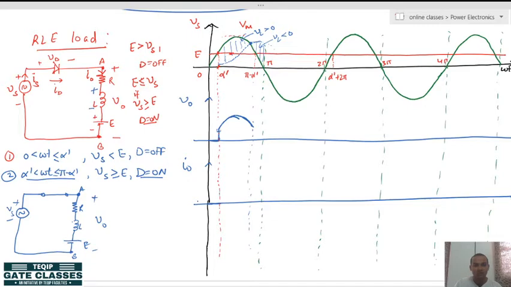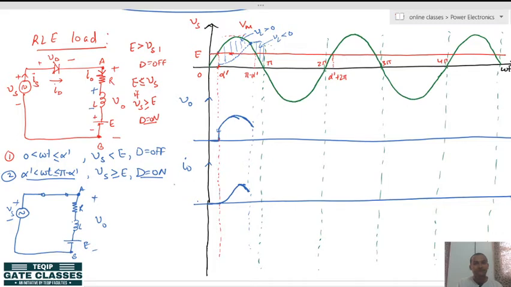So my load current will be like this: it will charge up to some peak and then start discharging like this. I am talking about till pi minus alpha dash.